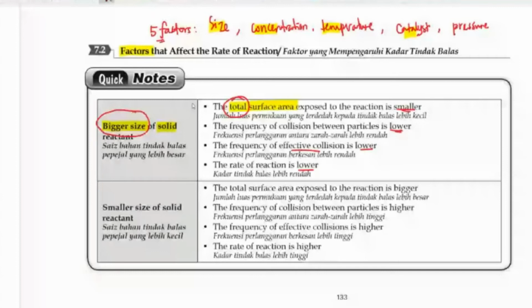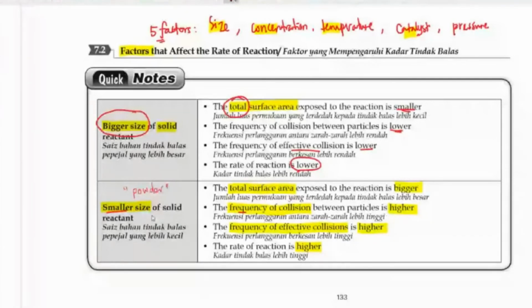So class, what are the keywords normally you will see for smaller size, let's say in the lab? How do you know the size is smaller? Record down these keywords. For smaller size, you will see the word powder. Powder refers to the smallest size.